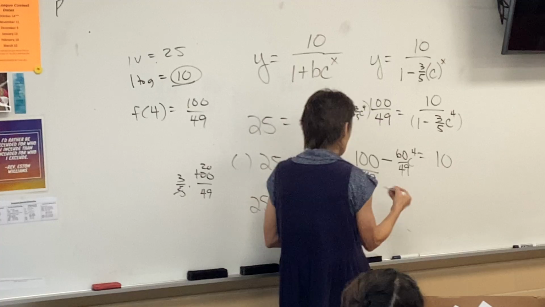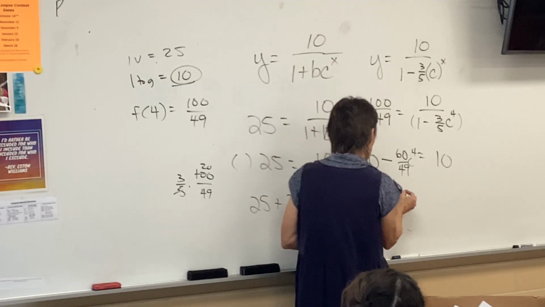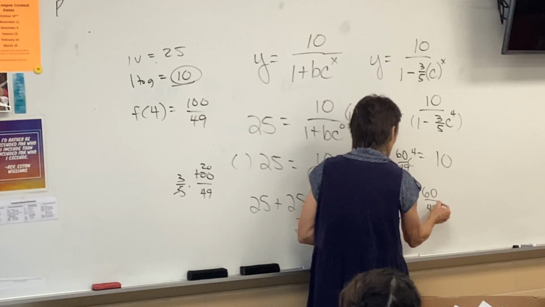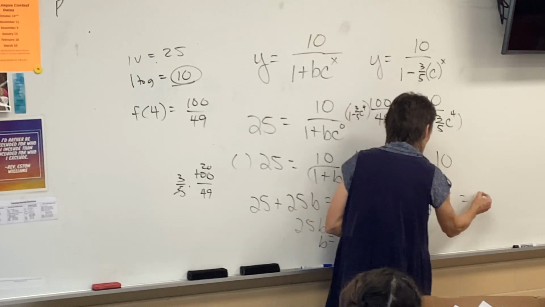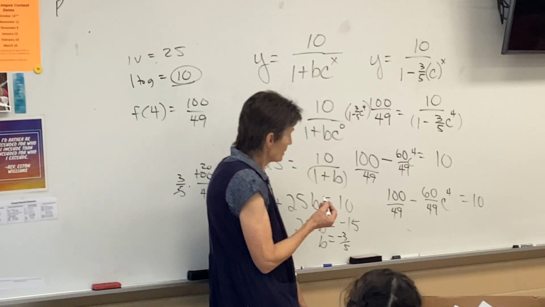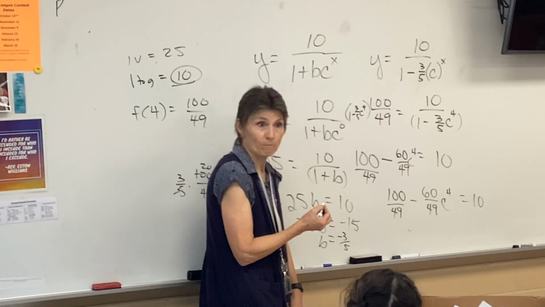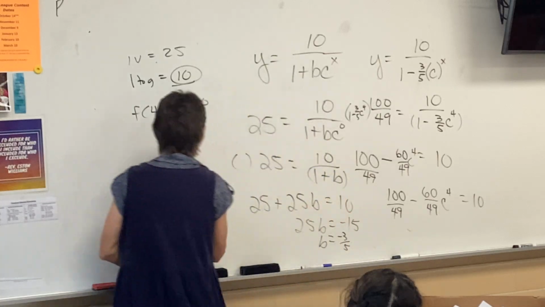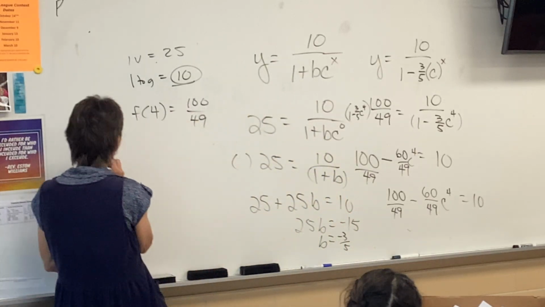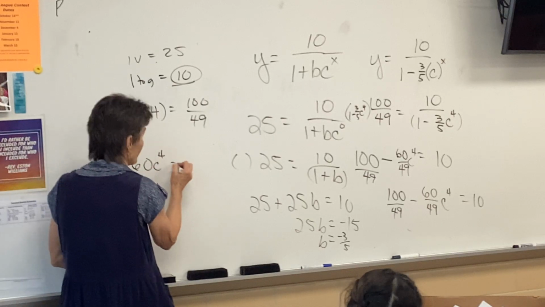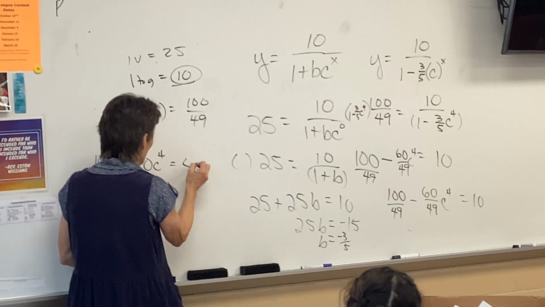All right, so let me clean this up a little bit. 100 minus 60/49 c to the 4th equals 10. Maybe we'll multiply everything by 49 just so we don't have all these fractions floating around. So 100 minus 60 c to the 4th equals 490.